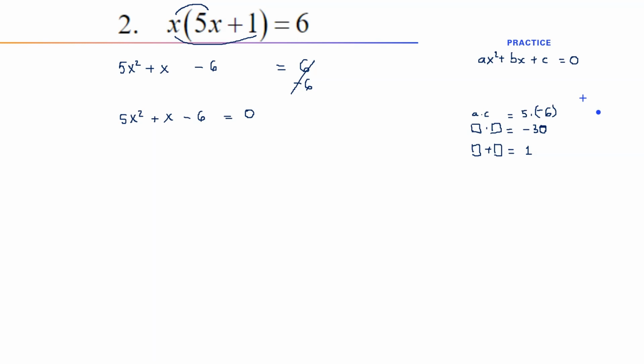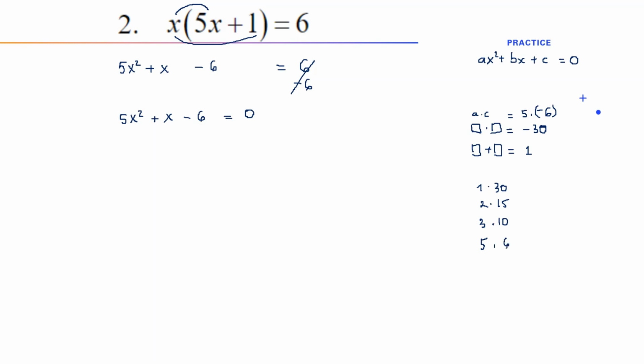For 30, we can have 1 and 30, 2 and 15, 3 and 10, 5 and 6, right?